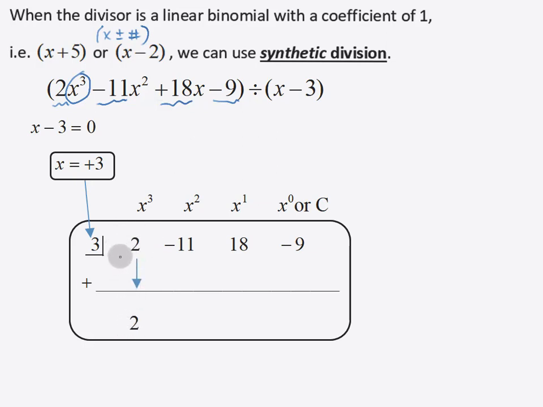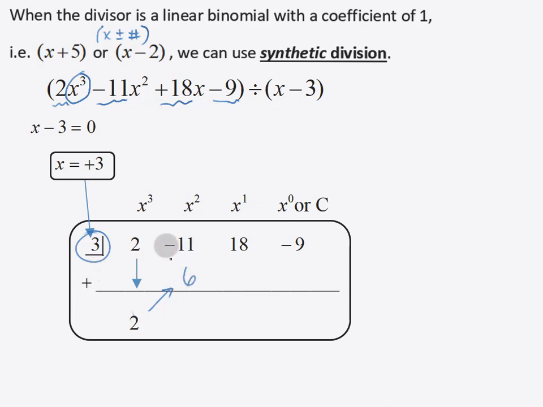And the two rules we're going to follow from here on out are anything that comes below the line gets multiplied by our 3 in the box. Okay, so this 2 that dropped down times the 3 in the box. 2 times 3, 6. We write it below the next coefficient. Okay, then we're going to add.